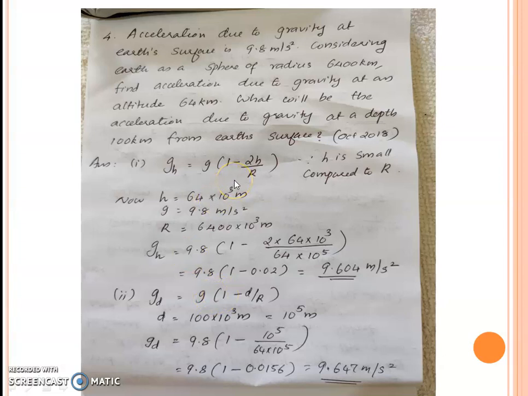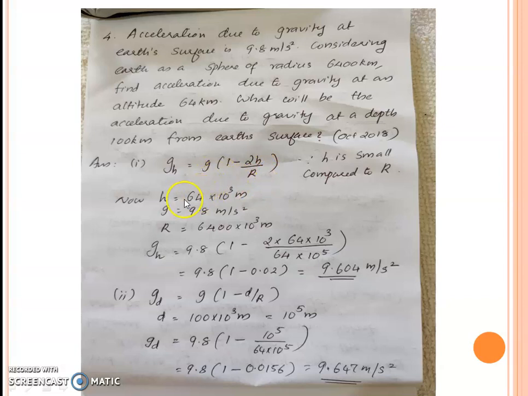In the first case, the formula for the variation of acceleration due to gravity is g_h equal to g into 1 minus 2h by R, where h is the altitude, R is the radius of Earth, and g is the acceleration due to gravity.